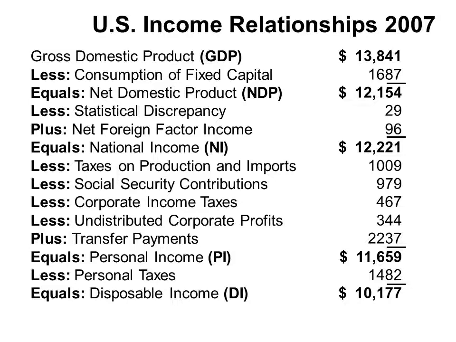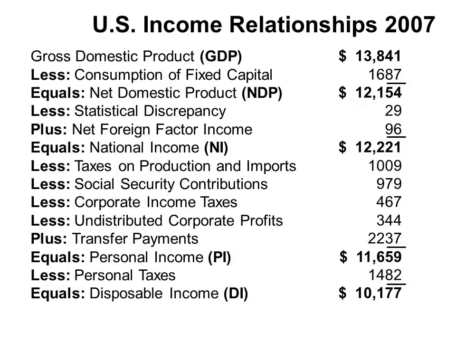Now, of that personal income, people still have to pay personal taxes, and this gets us to our grand finale, disposable income. Disposable income, again, is an important number because it tells us how much money Americans have left over from economic production in that year to spend on future economic production. In 2007, disposable income was 10,177 billion.